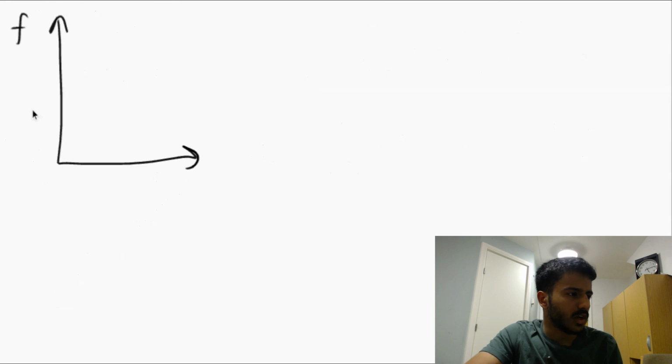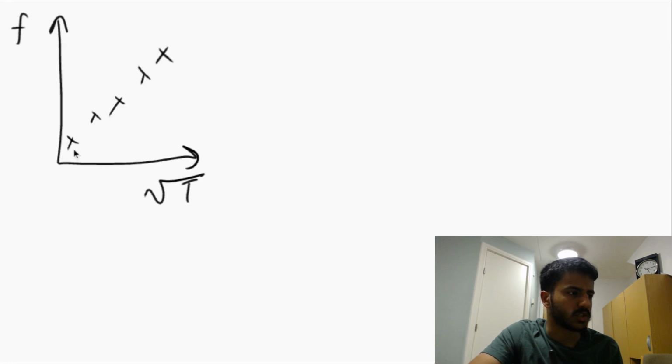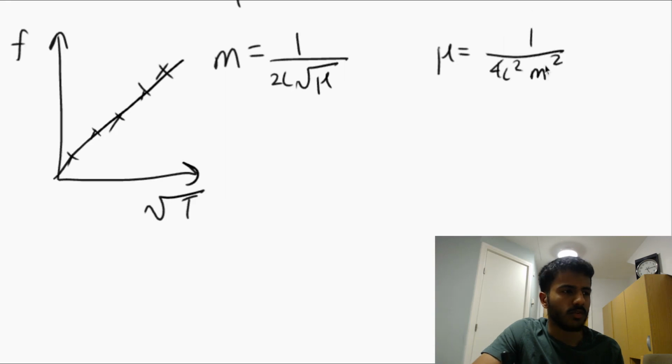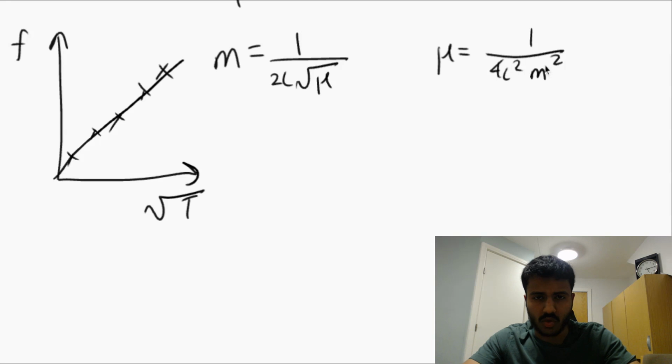Now if you ended up plotting frequency against the square root of tension, which is also going to be a straight line, your gradient in this case is going to be 1 over 2L times root mu. So mu in this case is going to be given by 1 over 4L squared times m squared. And both of these graphs are acceptable ways of finding the gradient.